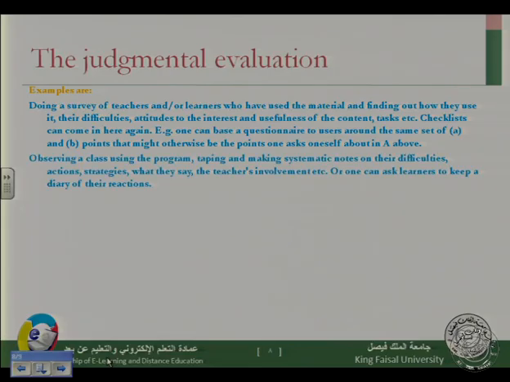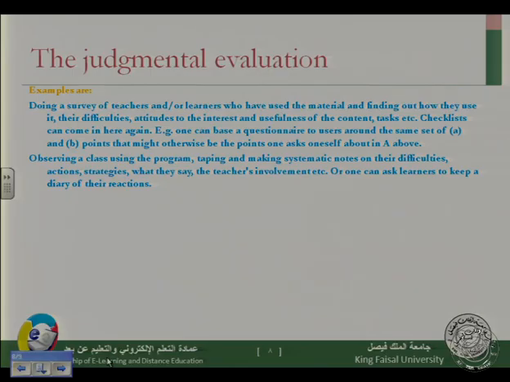Observing a class using the program, taping and making systematic notes on their difficulties, actions, strategies, what they say, the teacher's involvement, etc. Or one can ask learners to keep a diary of their reactions. You observe a classroom, you videotape it, and you see how students use it, the difficulties, the teacher's involvement with the software.